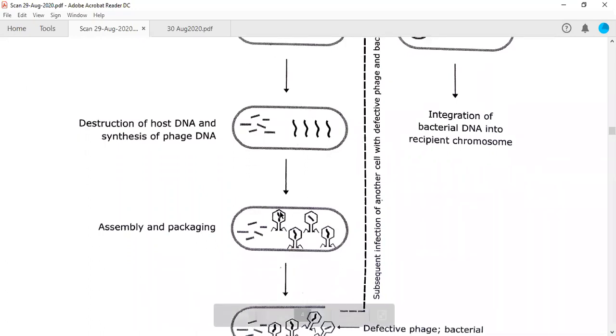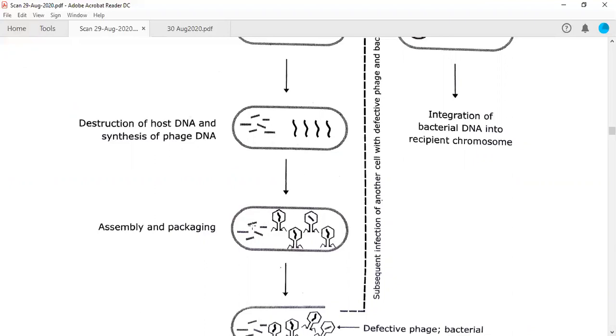Now when assembly takes place, these capsid proteins will make this particular structure, and then the DNA molecules will be stored inside this head structure of the bacteriophage. Now you note that these curves are the replicated versions of the phage DNA, whereas these rods are actually the bacterial chromosome. Now, what can happen?